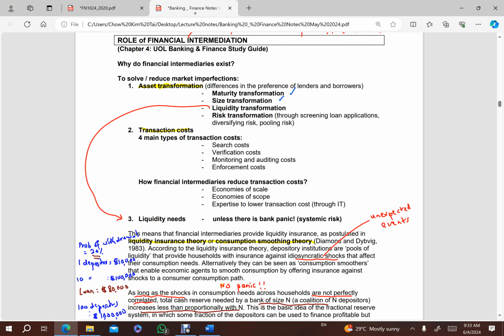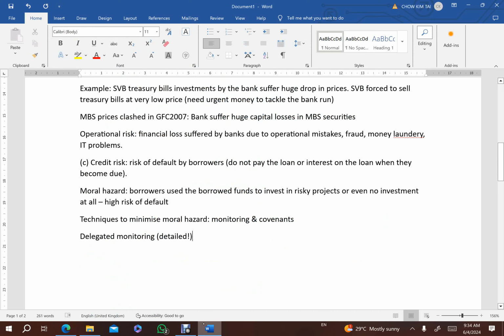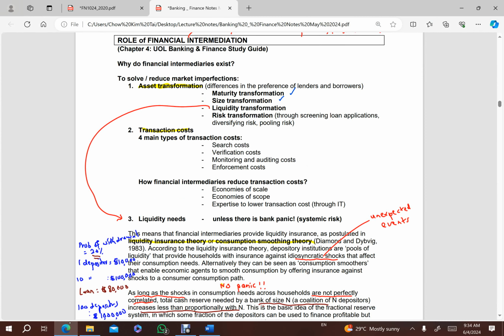Risk transformation. When the borrower defaults, the bank absorbs the risk of bad debt. Depositors do not lose their money. I've given you detailed class notes on these four. You go back and check the notes, so I don't have to repeat here.